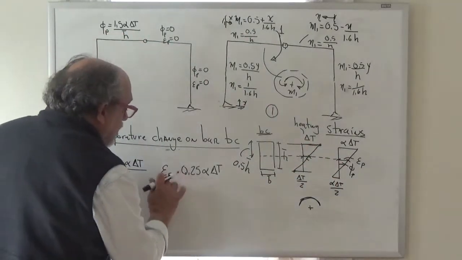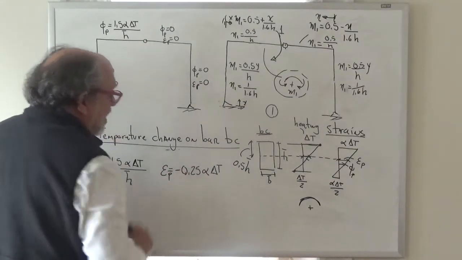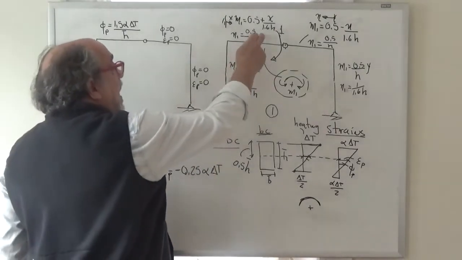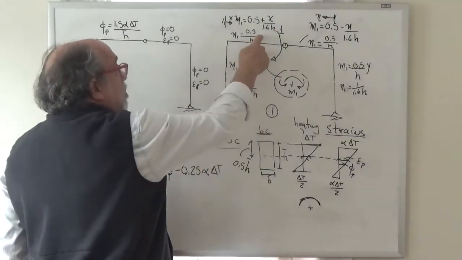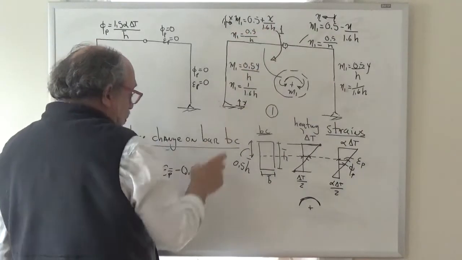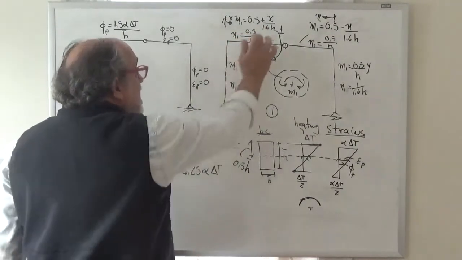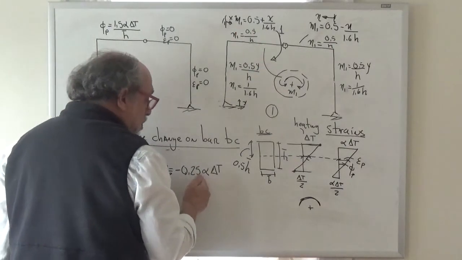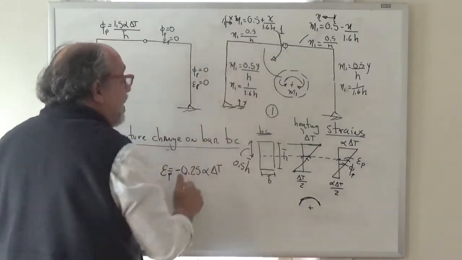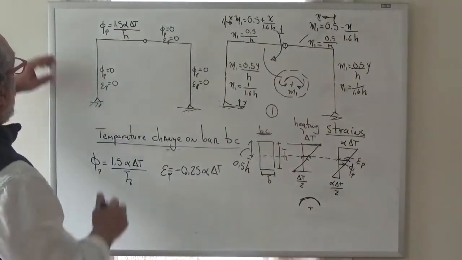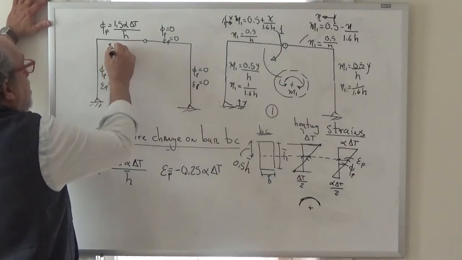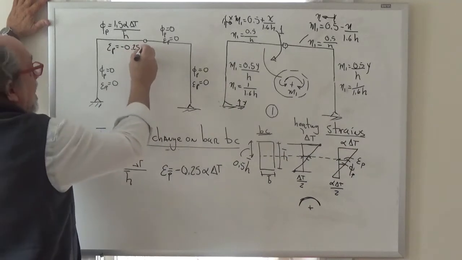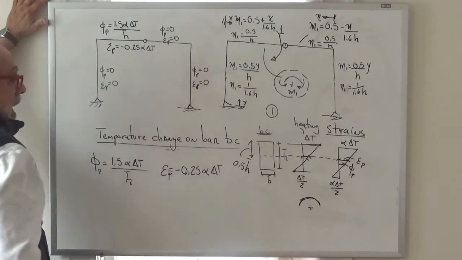Therefore, this EP is a negative. That is, it has a different sign than that. N1 here is plus because it's compression, therefore this must be a negative. They have different signs. Of course, this could have been the negative, then this would have been the positive. The only important point is that they have different signs. And so we can transcribe here, and we have epsilon P due to temperature to be minus 0.25 alpha delta T. And we're done.